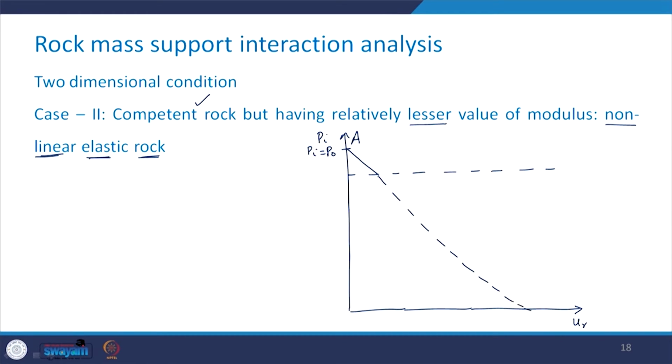And somewhere here this becomes equal to 0. So this is what is going to be the GRC, the ground response curve in the absence of any support system.